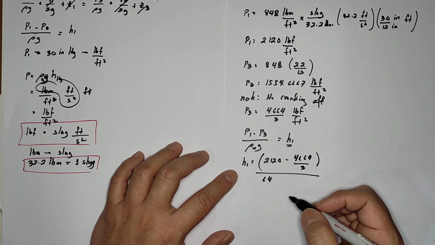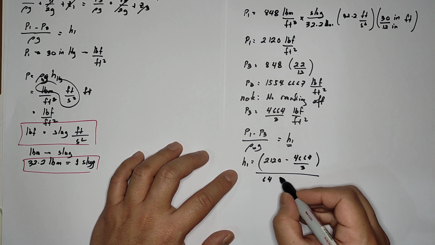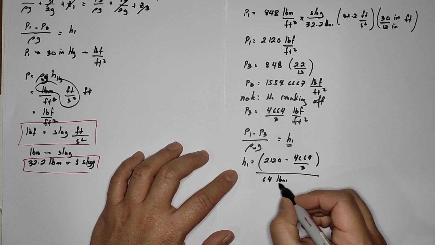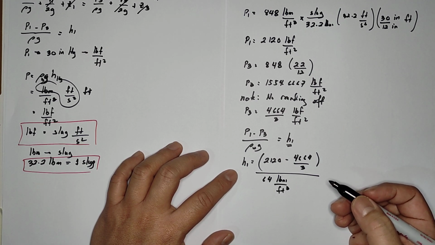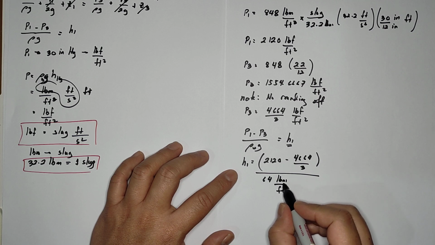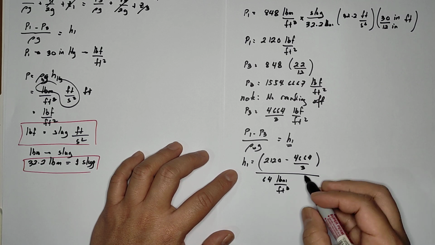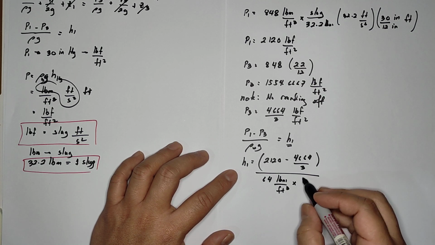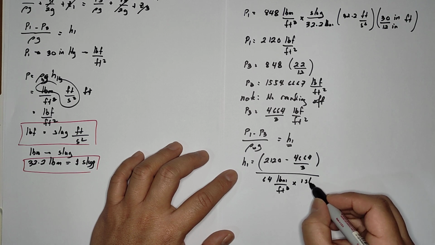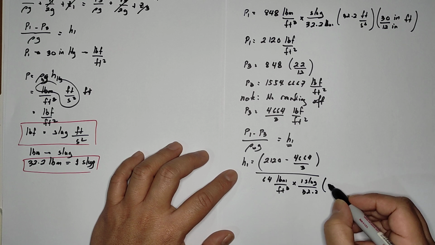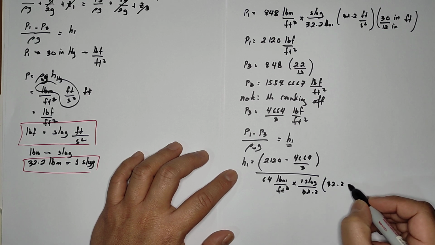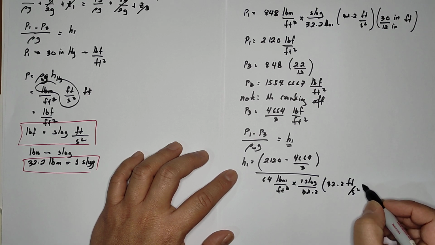Take note, this is pound mass per cubic foot. Always change this into slug, so divide by 32.2. Then, of course, you have the g, that is 32.2 feet per second squared.